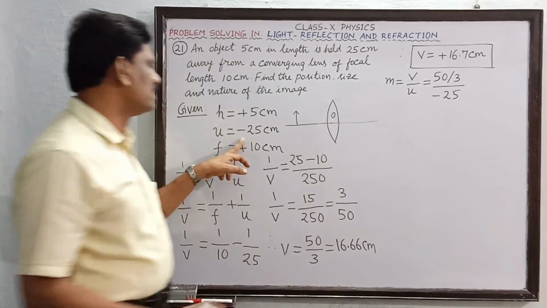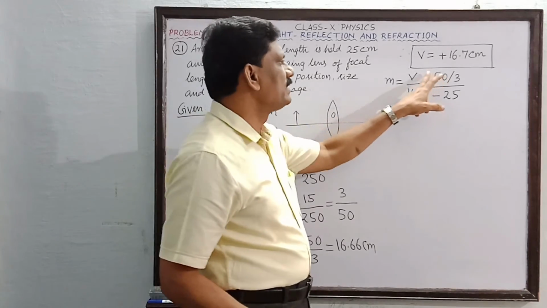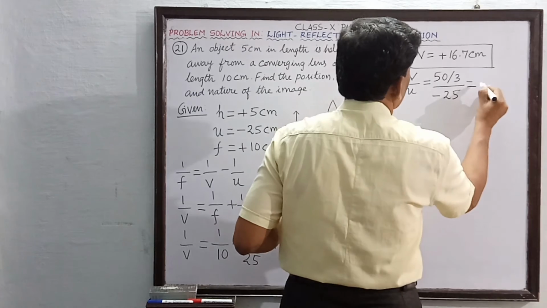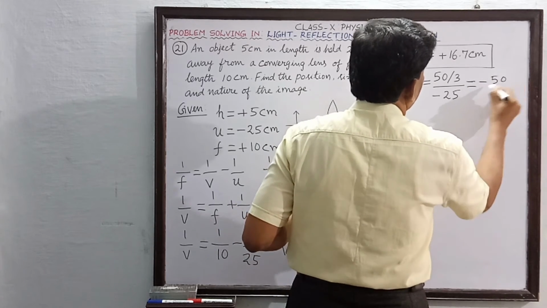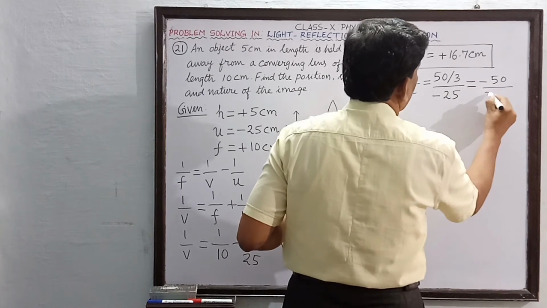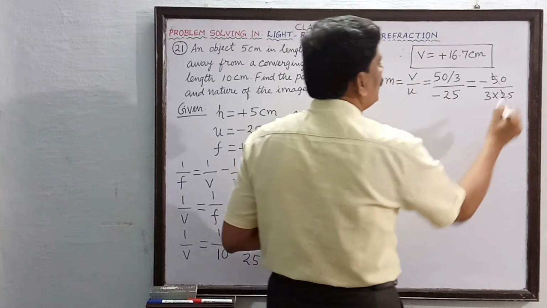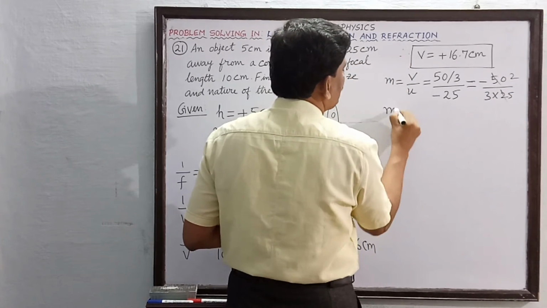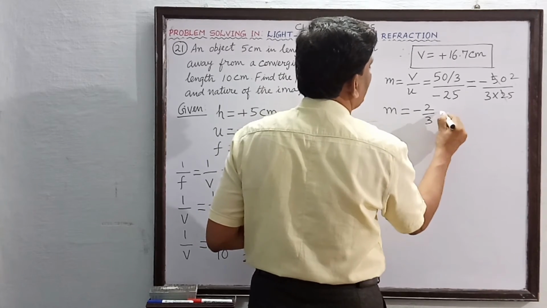In the sum it is given u is equal to minus 25. So this is v by u, and this is coming as negative. So this is equal to minus of 50 divided by 3 into 25. So this is 2 by 3. So magnification is equal to minus 2 by 3.